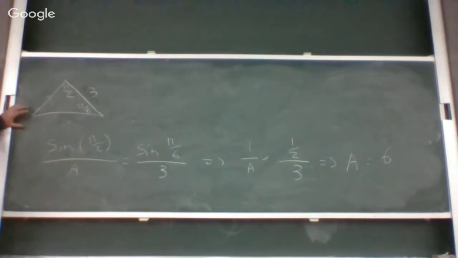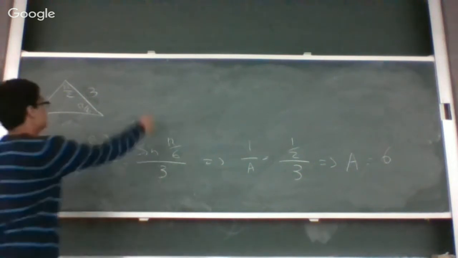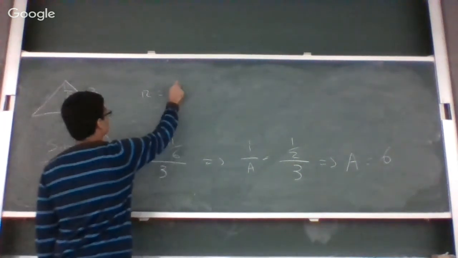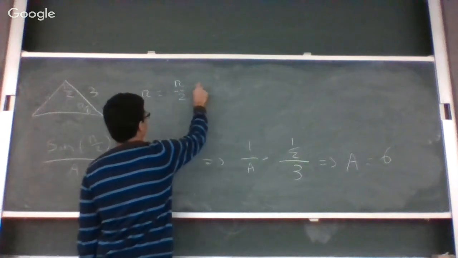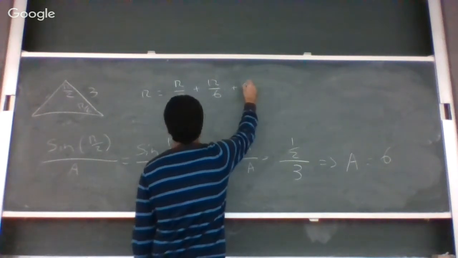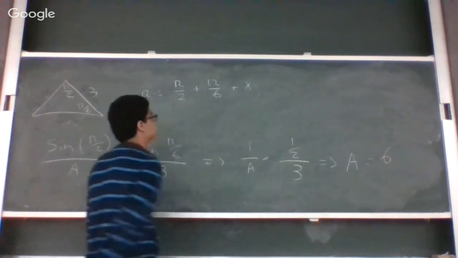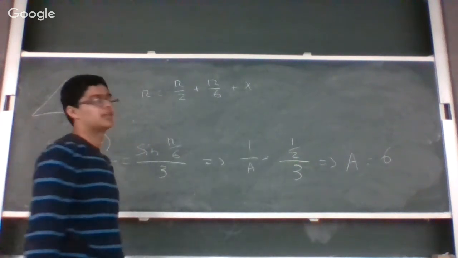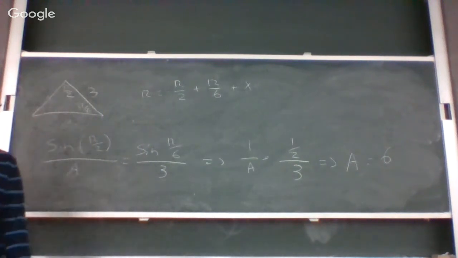Okay. What shape is this? What do all the angles add up to? So we can find the third angle. If you're given radians, what is 180 in radians? Pi. Pi is equal to pi over 2 plus pi over 6 plus, we'll call it x, or theta or whatever.